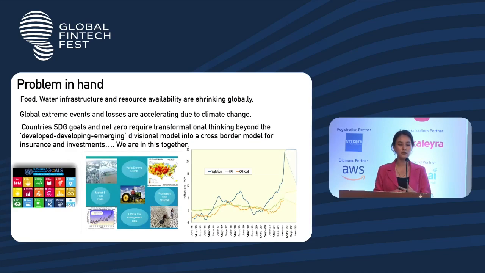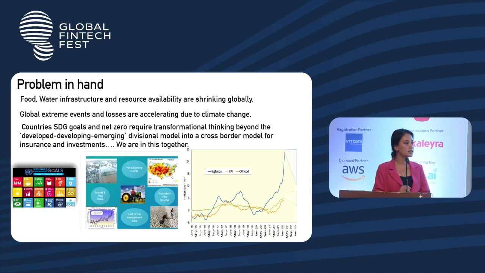When we talk about the problem, there is a massive increase in population, there is increase in globalization resulting in global warming, and that leads to a decrease in food, water, infrastructure, and resource availability. We are trying to focus to bring down the solution.